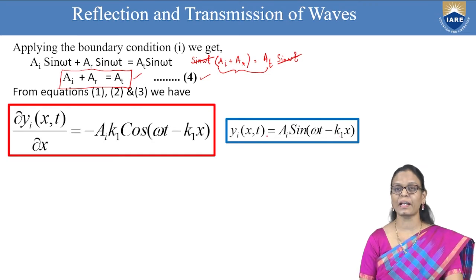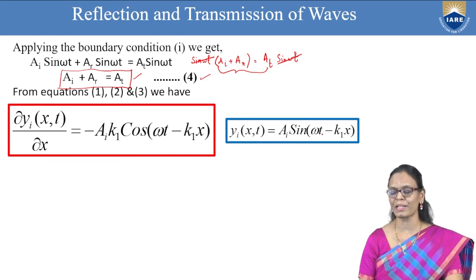So if we are applying it for this, what do we get? ∂yi/∂x of (x,t) is equal to minus Ai k1 cos(ωt − k1x). Because when you are taking the partial derivative, we are keeping t constant, so the derivative is with respect to x.